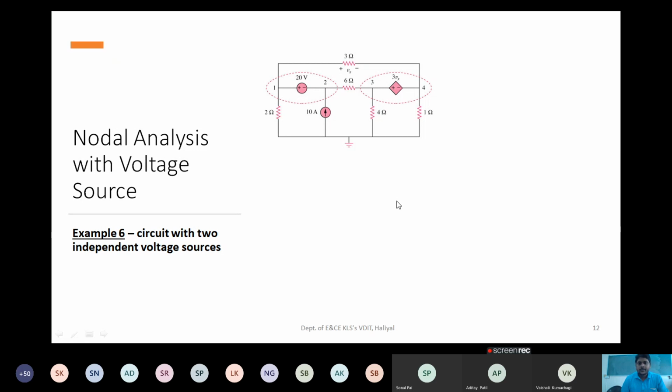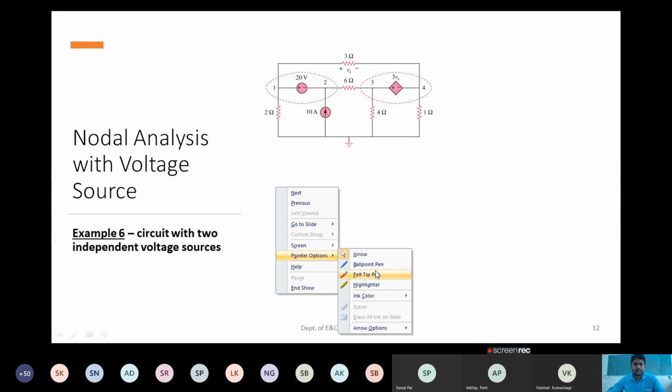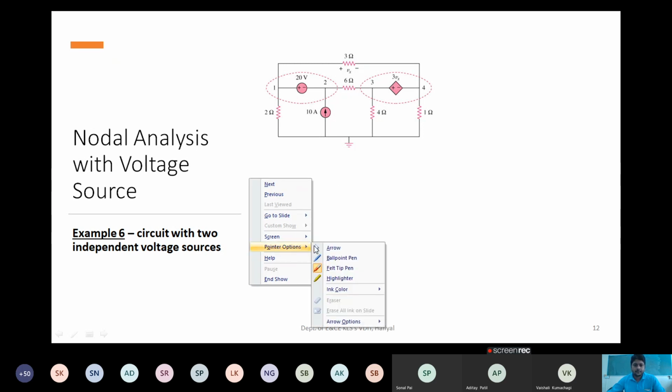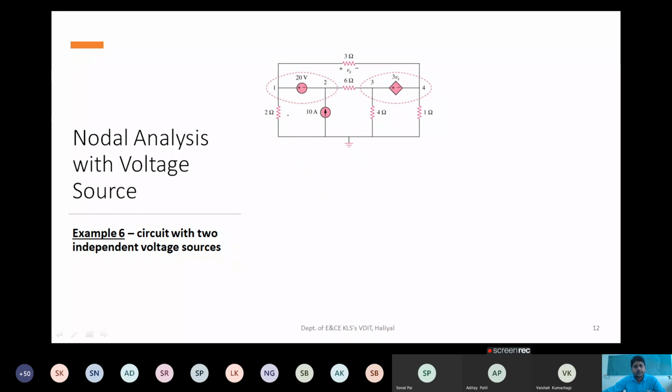So here you can see that in the given circuit, how many nodes are there first? How many nodes? 1, 2, 3. Totally 5 nodes.